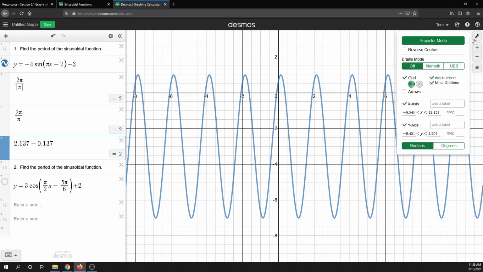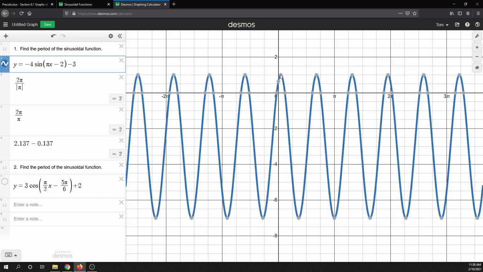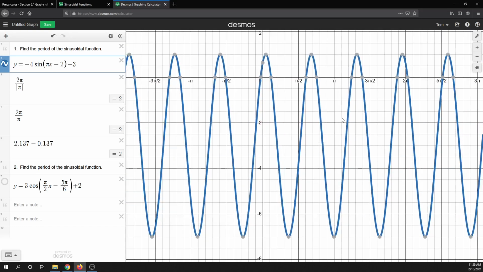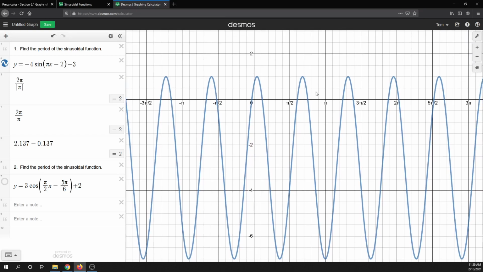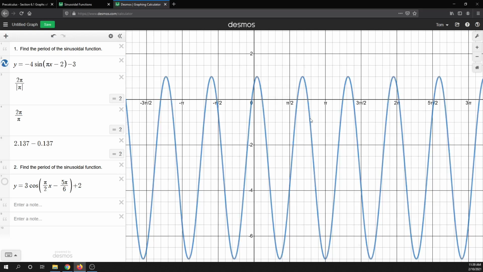Let's see what it looks like when I change the step to pi, if that's helpful. Let's see if I zoom this out. Yeah, the peaks and the valleys still occur at kind of odd points. This is sine, right?